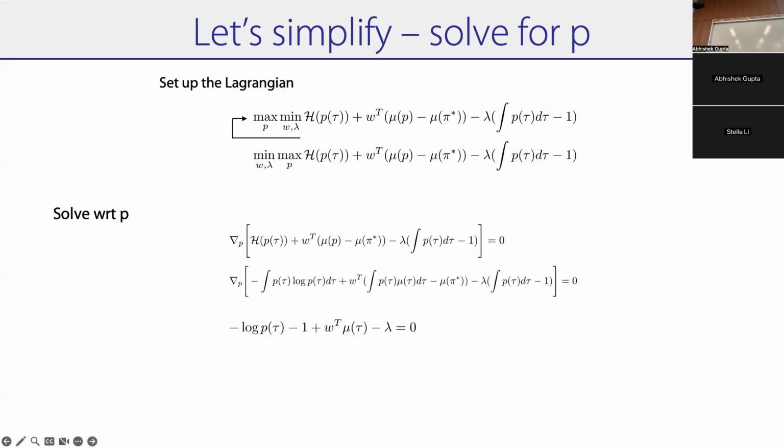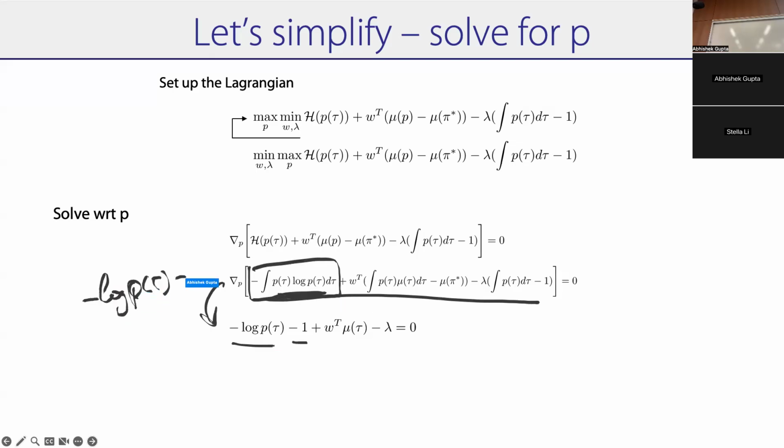So we're going to try and take the derivative of this thing. We're going to use product rule here. And believe me without proof that this jumps to here, right? Basically, you can show that this thing will become minus log p tau minus 1. This thing will become W transpose mu tau.